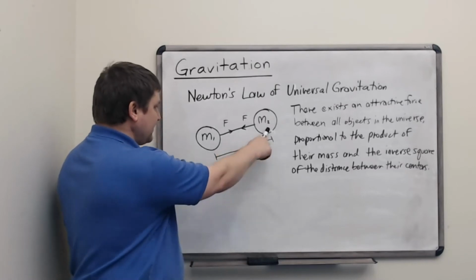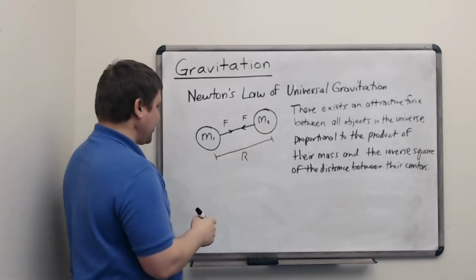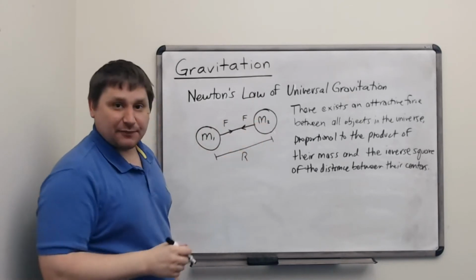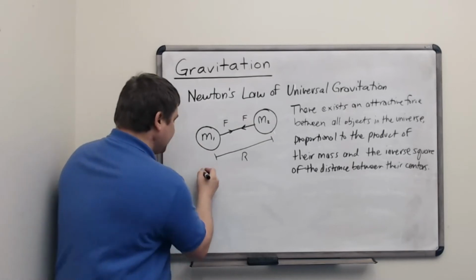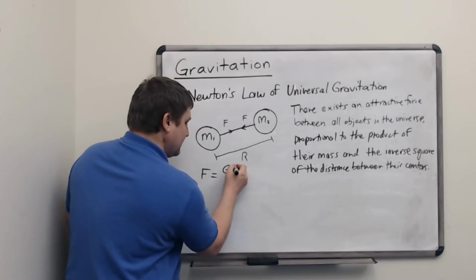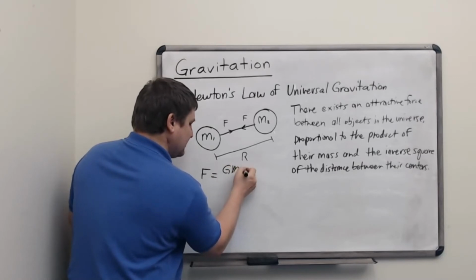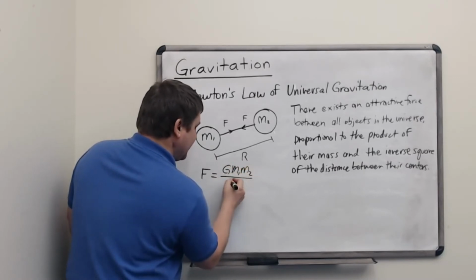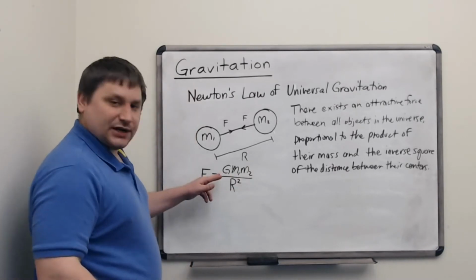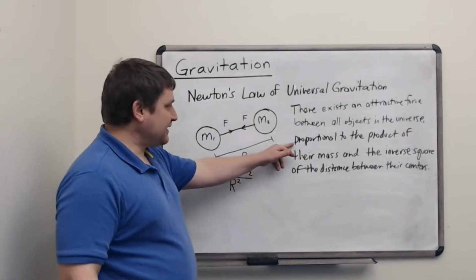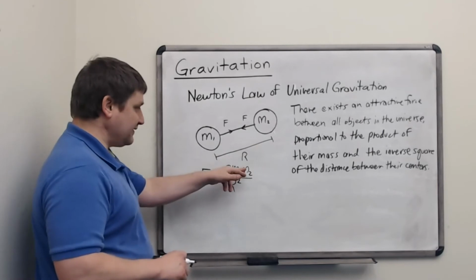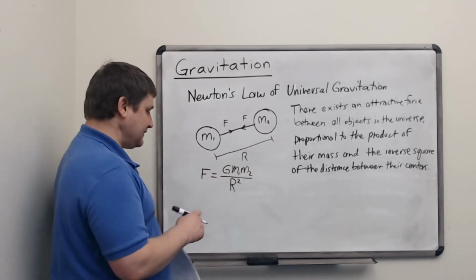This means that for any pair of objects, there's a force vector. The force is parallel to the displacement between the objects in terms of direction. But the force has a magnitude that is equal to some constant times the first mass times the second mass divided by the distance between them squared. The reason we know there's a constant here is because the law only says that the force is proportional to this product of masses and inverse square of the distance.